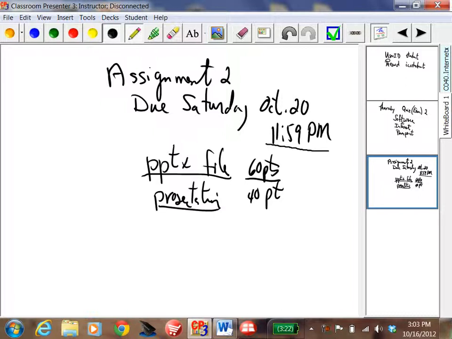When you actually make the presentation, it will be from my computer here. You're going to stand right here, because you can't control the computer.